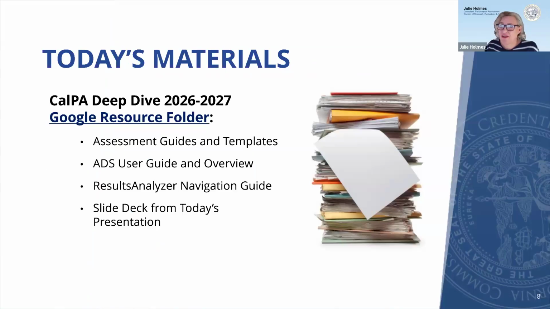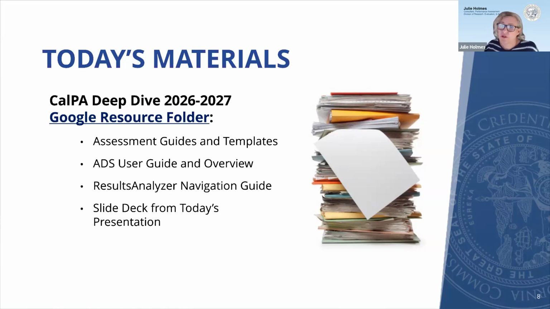Materials. We have a Google resource folder for you. Marissa's going to drop that in the chat. Thank you. Within that resource folder, we have the assessment guides and the templates. As a reminder for the ADS system, we have a user guide and the overview if you need to change who the program coordinator is for a particular credential area at your institution. So that information also lives in there.